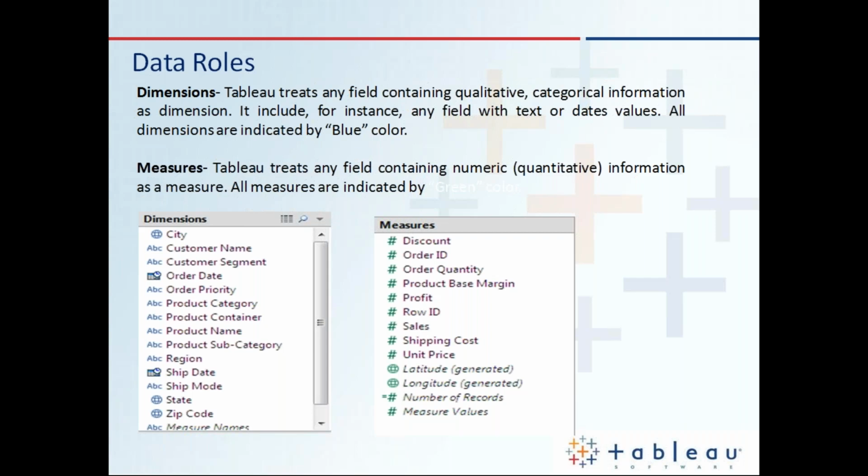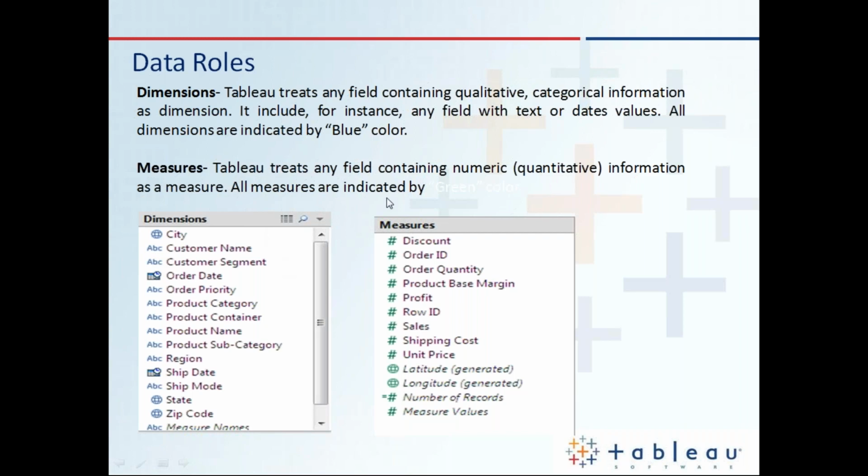So dimensions: Tableau treats any field containing qualitative and categorical information as a dimension. It includes, for instance, any field with text or date values. All dimensions are indicated by blue color. Tableau treats any field containing numeric information as a measure.